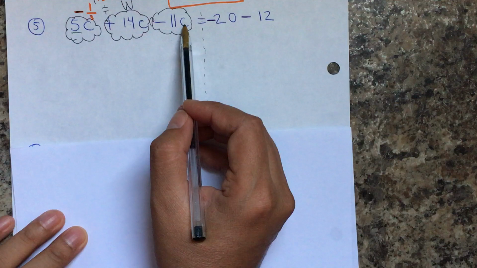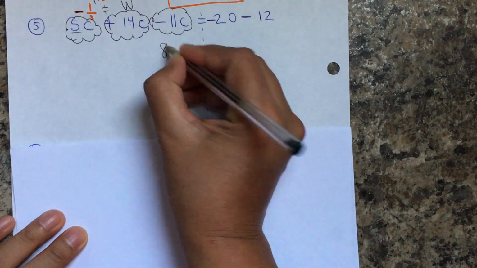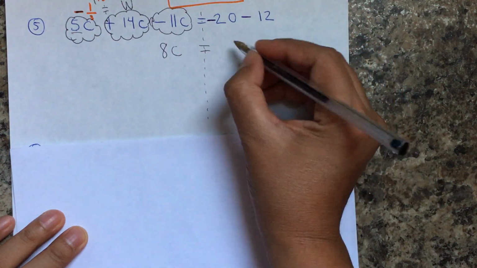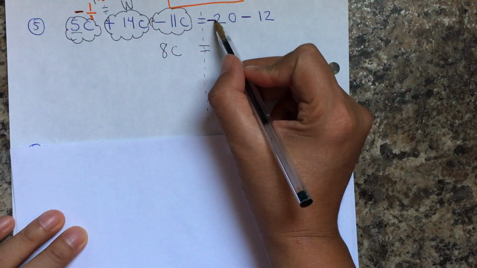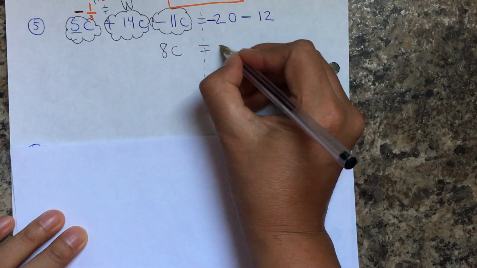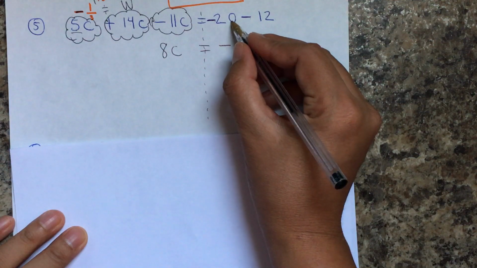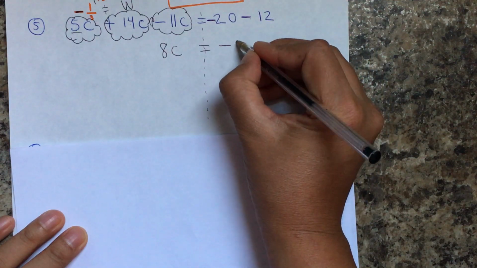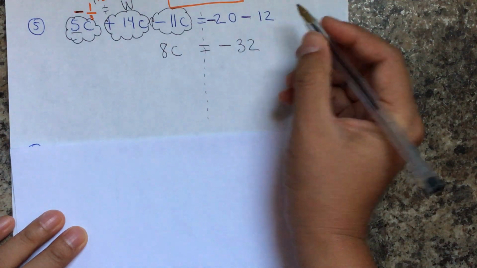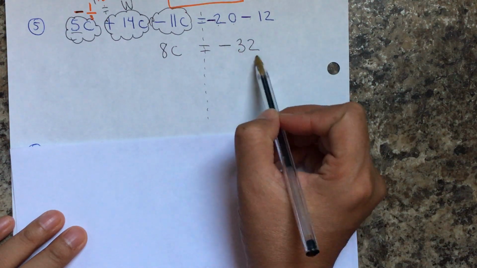Minus 11C, well, 19 minus 11 is 8C. Okay, now in here, I owe 20 and I owe 12. That means that I owe, same sign, we add and keep the sign of the greater. Okay, so add 20 plus 12 is 32. Okay, debo 20 y debo 12, debo 32.